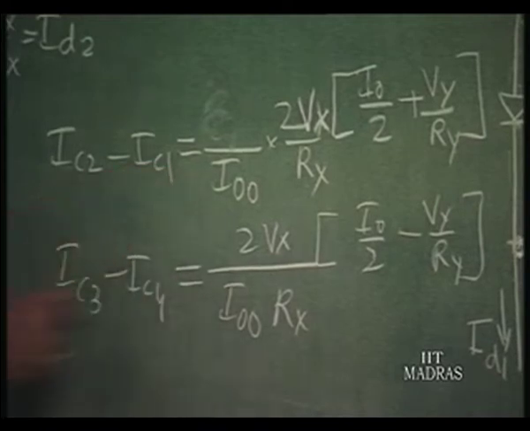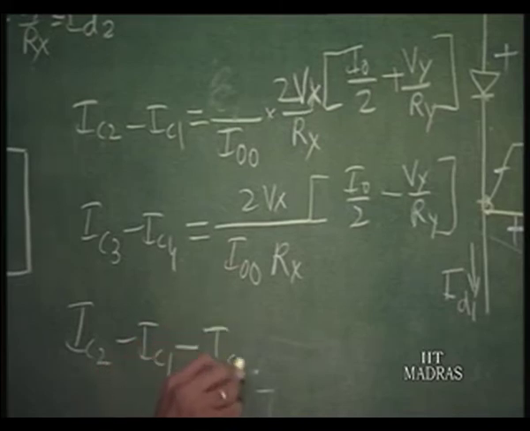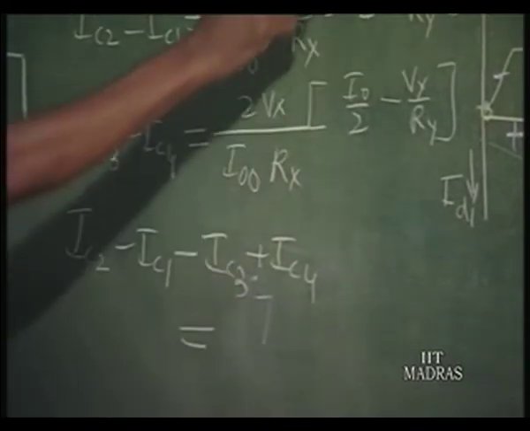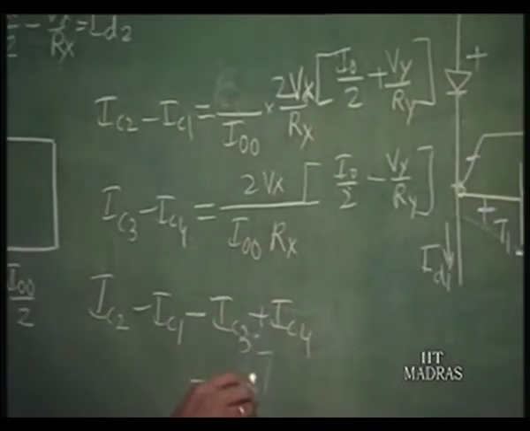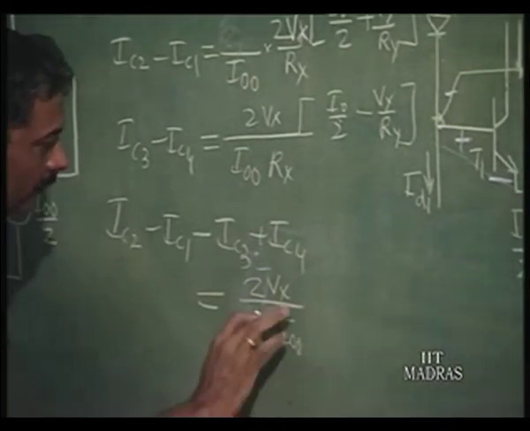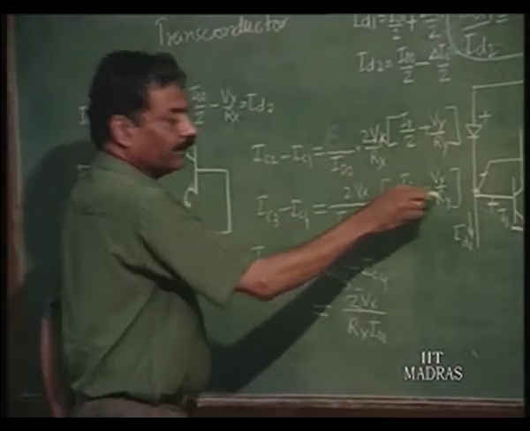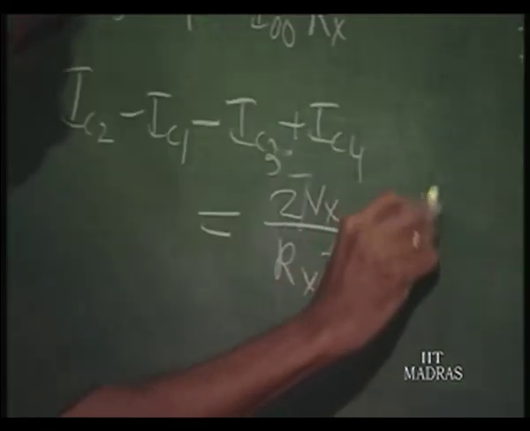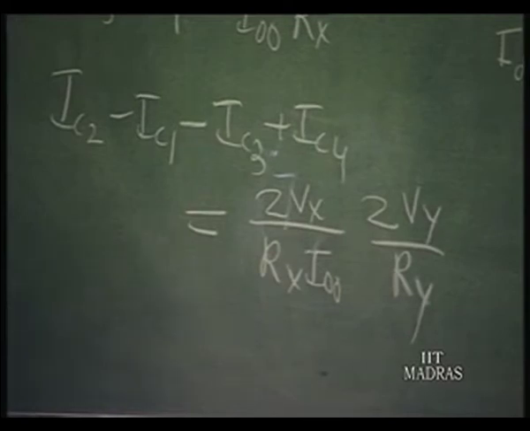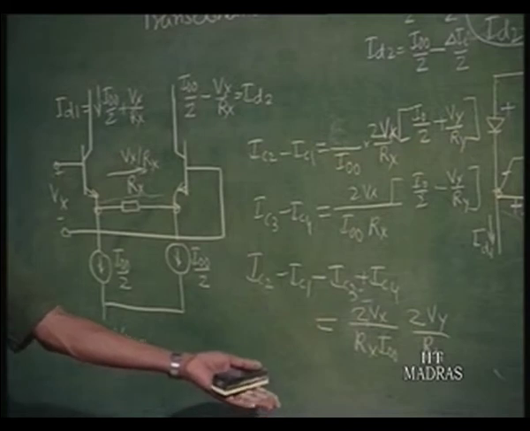So, this differential current can be subtracted, that means IC2 minus IC1 minus IC3 plus IC4 becomes equal to, these two will get cancelled, twice Vx by Rx I naught naught, into twice Vy by Ry. So, you will get here 4 Vx Vy by Rx Ry I naught naught, which is the product of two voltages, as a current.